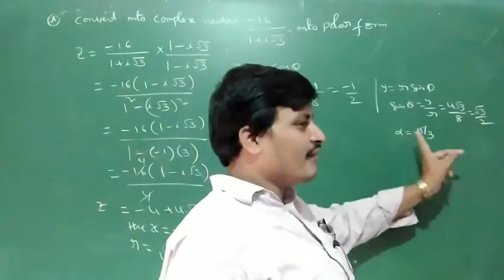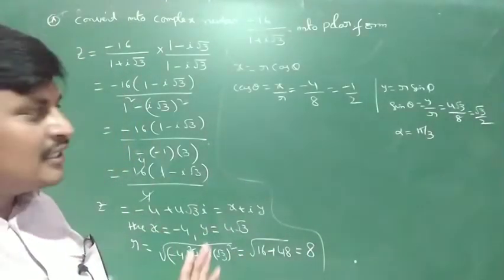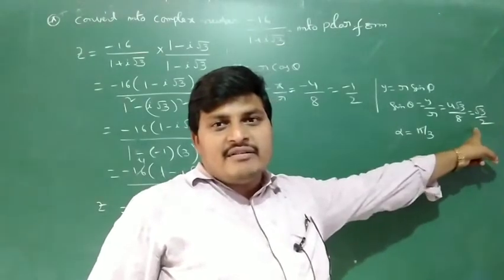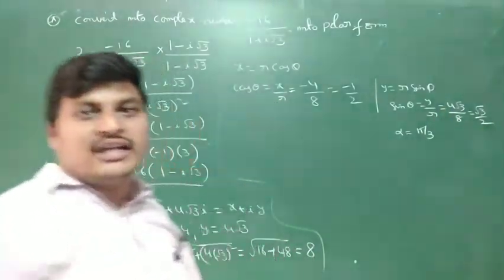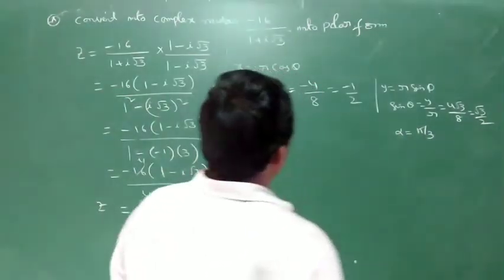This is alpha. How to find alpha? First take the positive value and calculate from it. So alpha is equal to pi by 3.